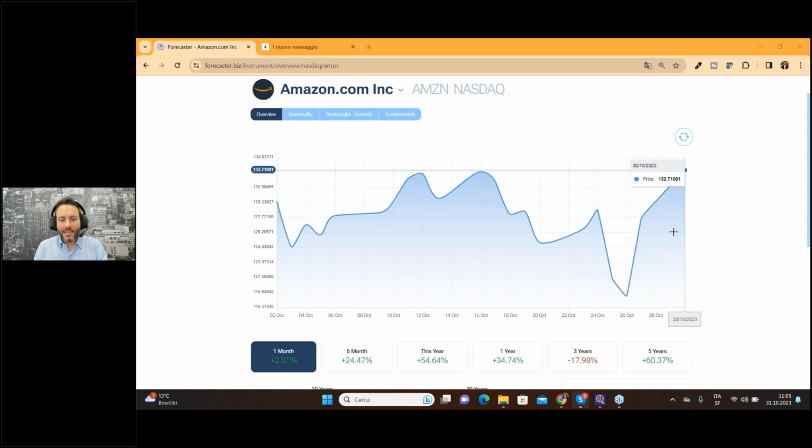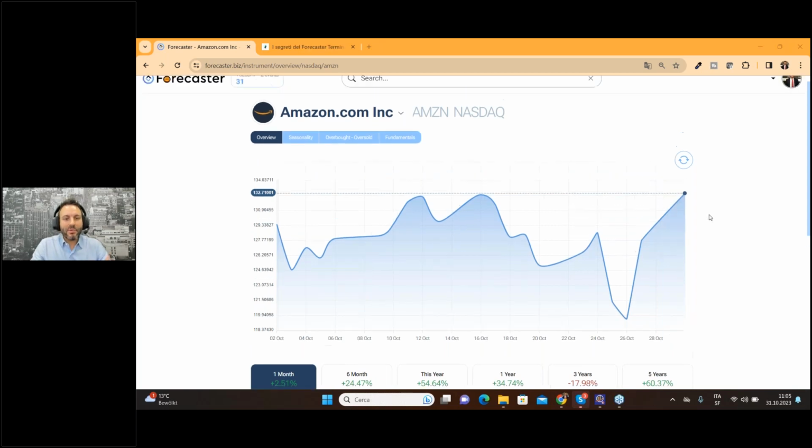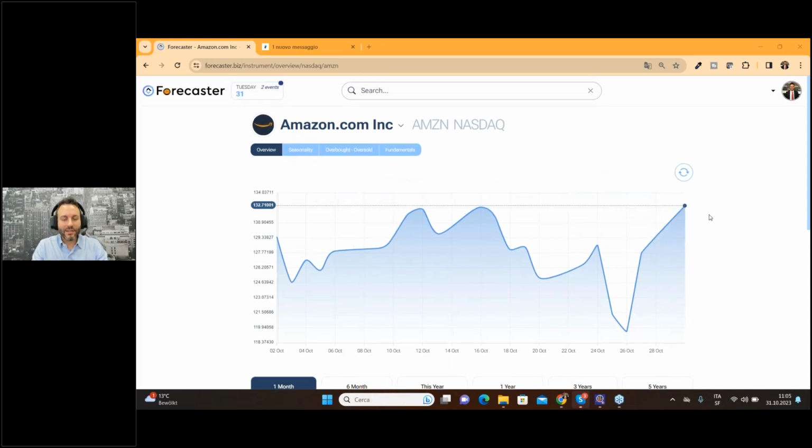Let's use it in an objective way. Here we don't try to bend the data to justify one of our views about a stock. The beauty is just using objective data to have an objective analysis, okay?